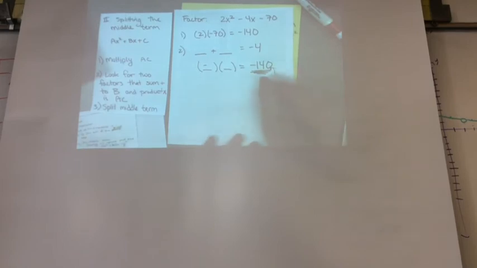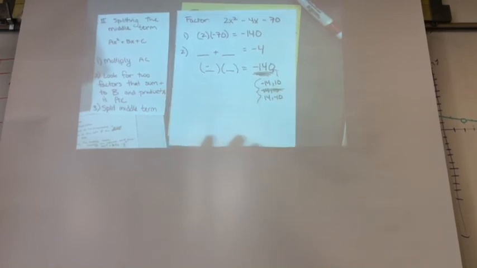And I'm actually thinking negative 14 and 10 will work. 14 and negative 10 will work. But 14 and 10 won't give me a negative, so I can cross that out. So it has to be one of these combinations. And do these add to negative 4? Well, yeah, if I'm clever about it, they do.